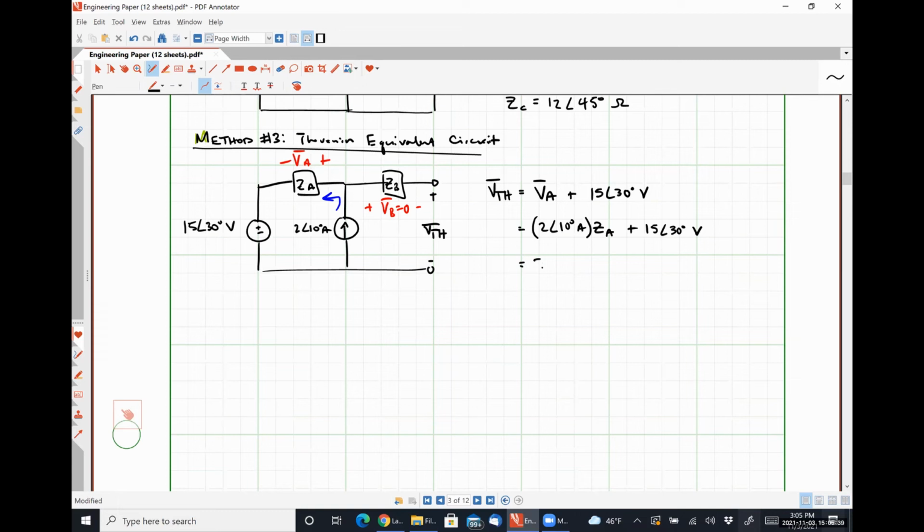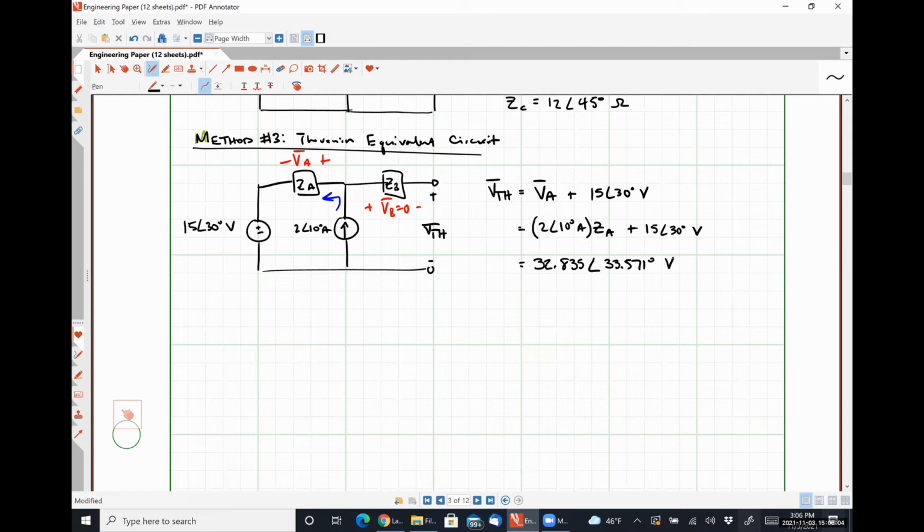I get 32.835 with an angle of 33.571. Two angle 10 times ZA.